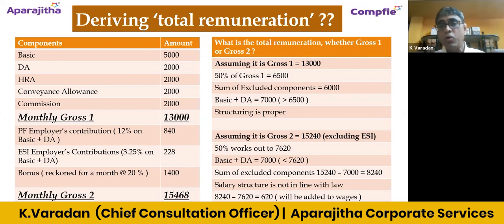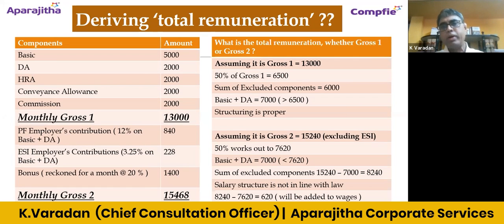But the question is, what is remuneration? Is it going to be 13,000 or is it going to be 15,240? I think that clarity is required, either by way of notification or by some executive order. Unless we get the clarity, I think it will be difficult for industries to go ahead. Just let us first understand. So there is a definition. There are certain clarities needed.